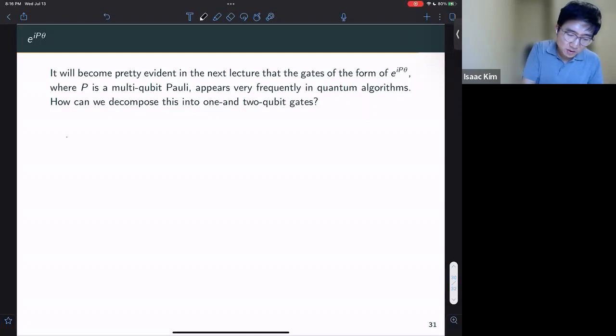What is Hamiltonian simulation? We're basically trying to do something like this. I'll tell you in more detail tomorrow why, but I think it's plausible to believe that if you want to simulate this, you will end up applying some gates of this form, like e to the I Pauli times some angle theta.